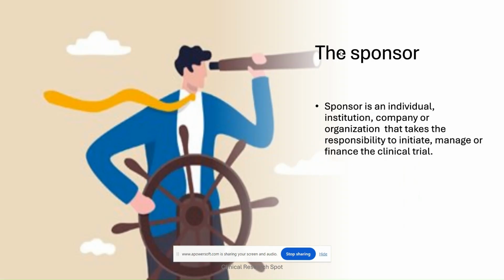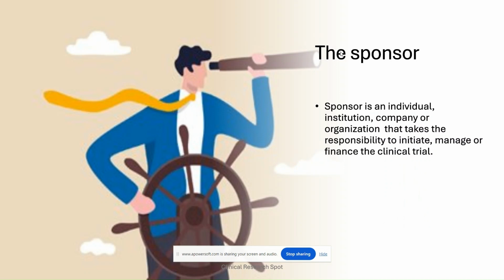Now, let's see the term sponsor. Who is a sponsor? In clinical research, this term sponsor is very important. Mostly, these investigators who are conducting the study at the site are conducting the studies for these sponsors. So a sponsor is an individual, institution, company or organization that takes the responsibility to initiate, manage or finance the clinical trial.